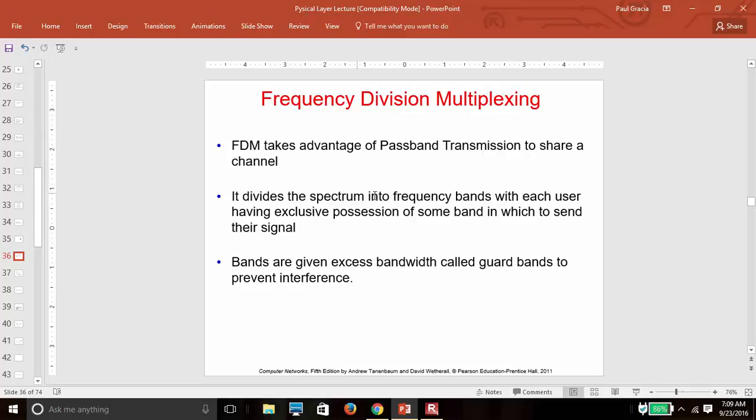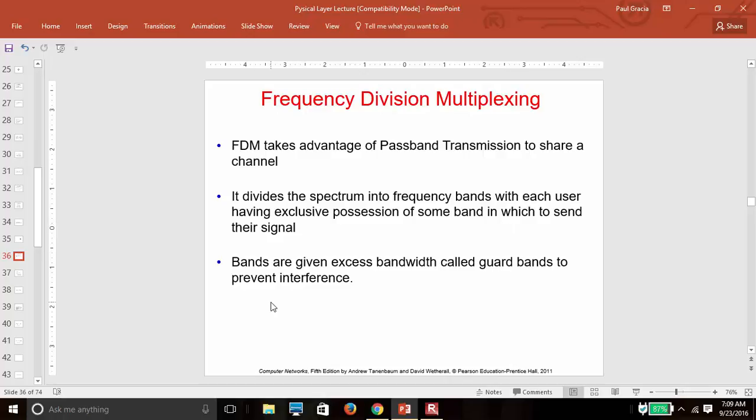What you can do is you can take that bandwidth and you can divide it up into subfrequencies where each subfrequency is dedicated to a particular user. So this allows you to divide the spectrum into frequency bands with each user having exclusive possession of some band in which to send their signals.